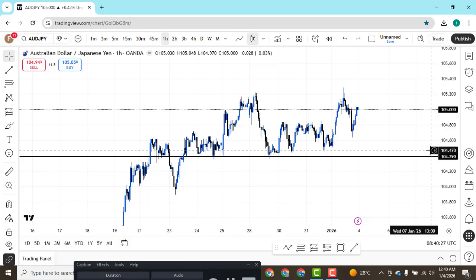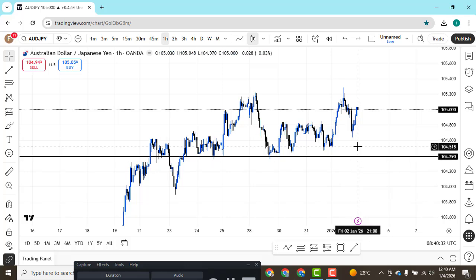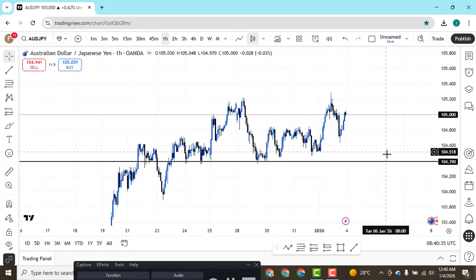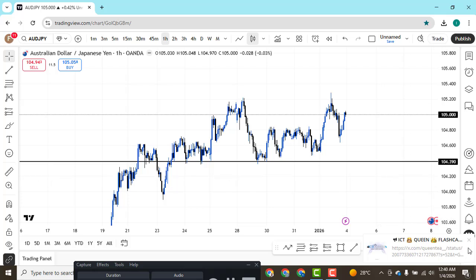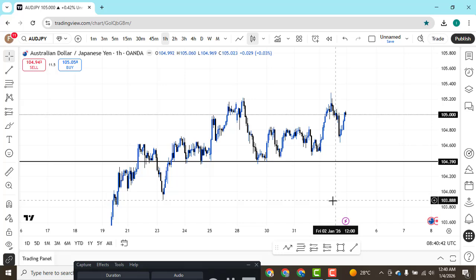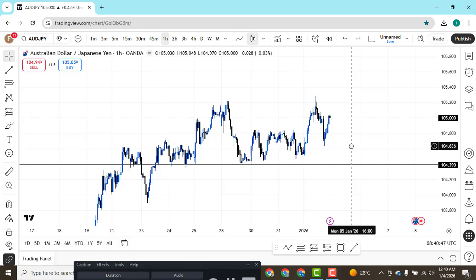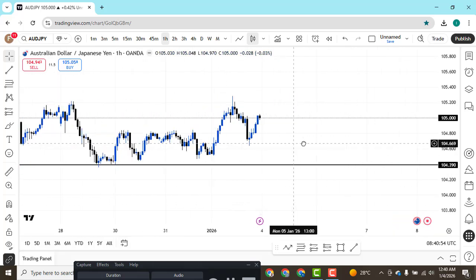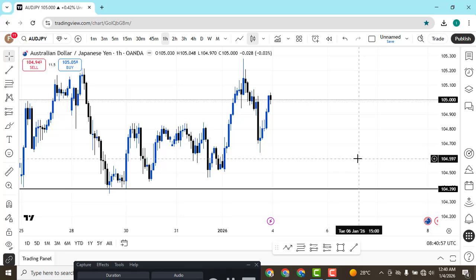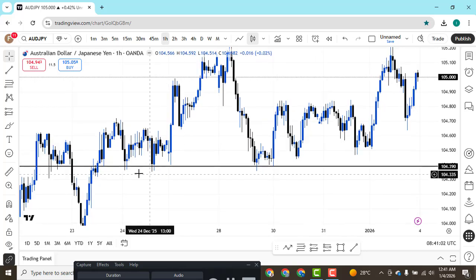Okay, it has done a lot of retests on this point. So what I'm expecting it to do is that, I think, it has retested a lot on this point.